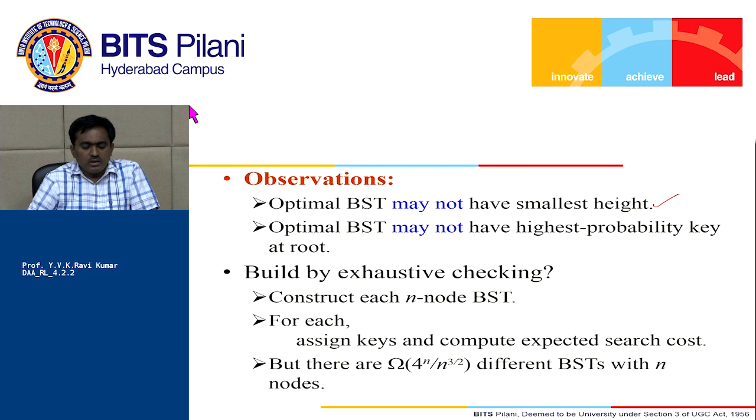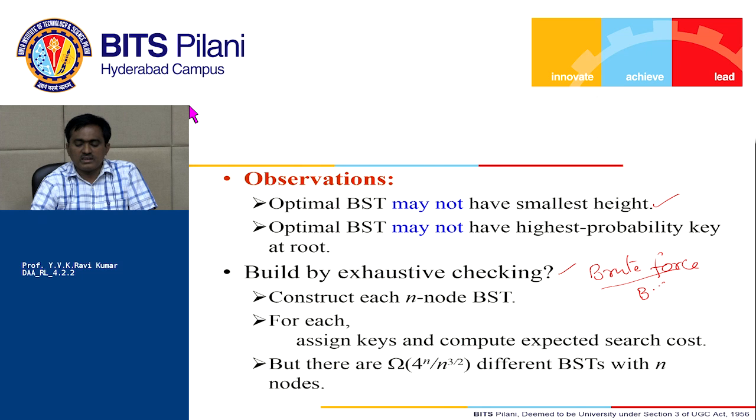One is the regular approach, that is exhaustive checking, or we can apply the brute force search. By using brute force search, we can construct as many binary search trees as possible by taking various keys or nodes as the root.